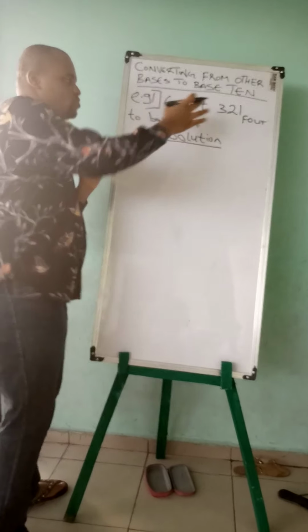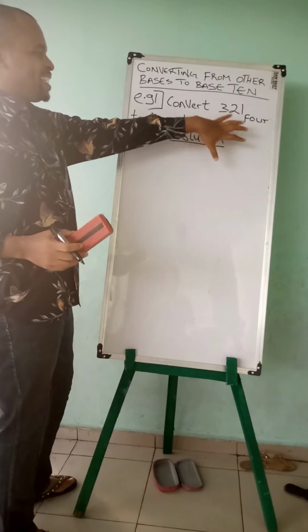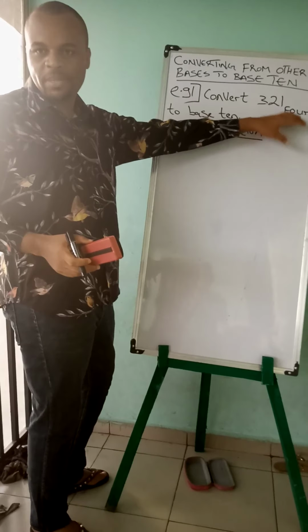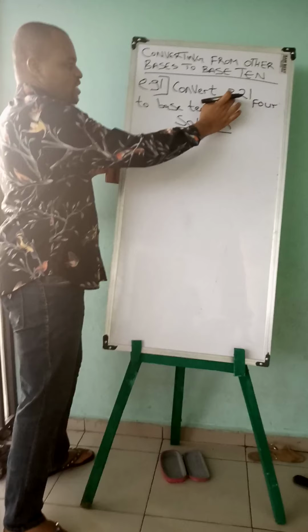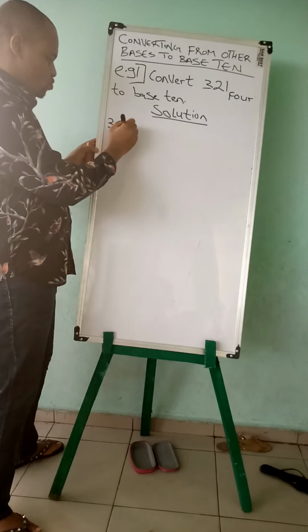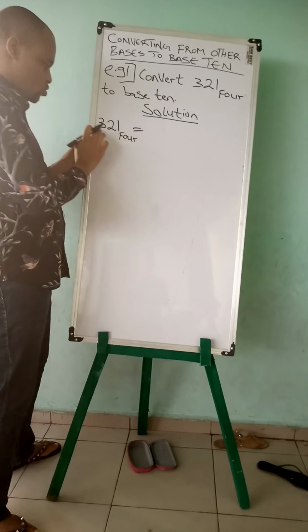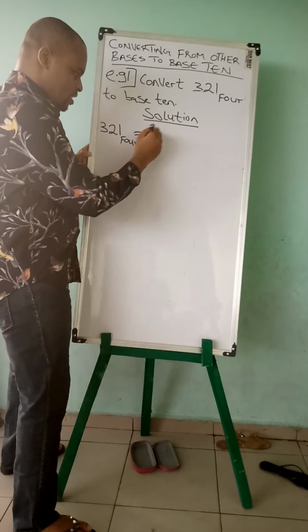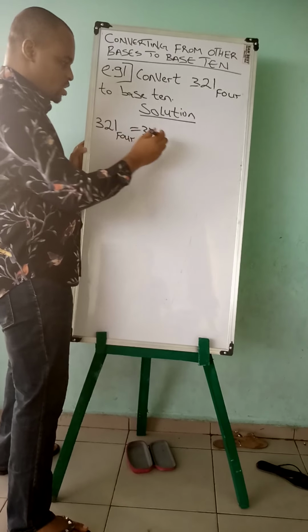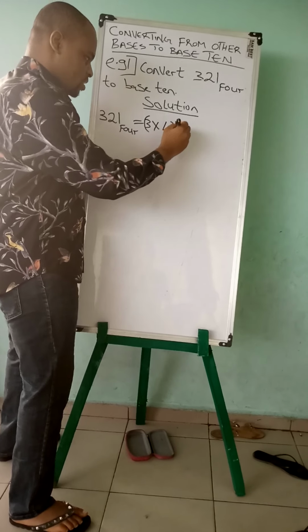Remember in our last class we talked about how to expand the number bases. So we are going to expand this. That's essentially how to convert from other number bases to base 10. So let's expand this 321 in base 4. 321 in base 4 will be equal to 3 multiplied by the number base, which is 4. Just follow me.